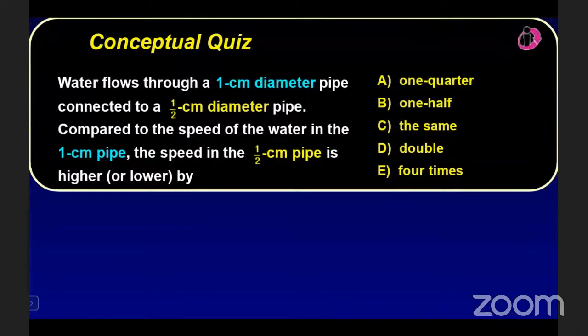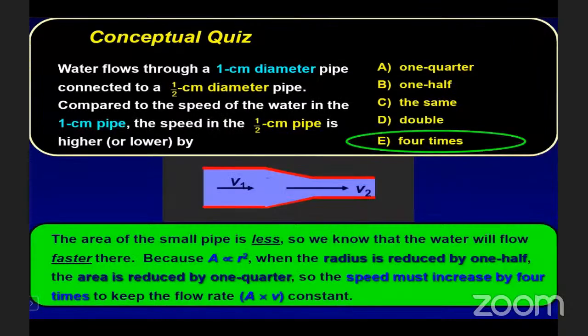Water flows through a 1 centimeter diameter pipe connected to a 0.5 centimeter diameter pipe. Compared to the speed of the water in the 1 centimeter pipe, the speed in the 0.5 centimeter pipe is higher by, the answer is 4 times. Now see here, V1 is the velocity and V2 is the other water velocity. See that conclusion.